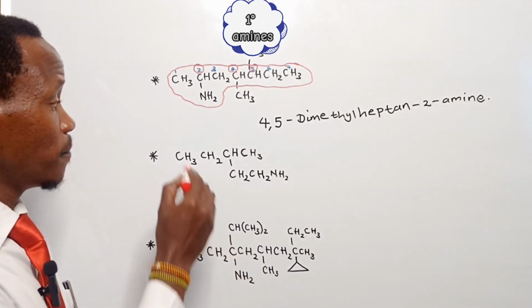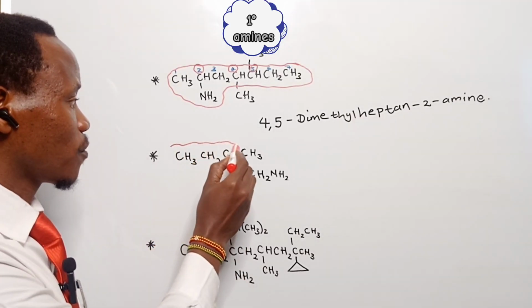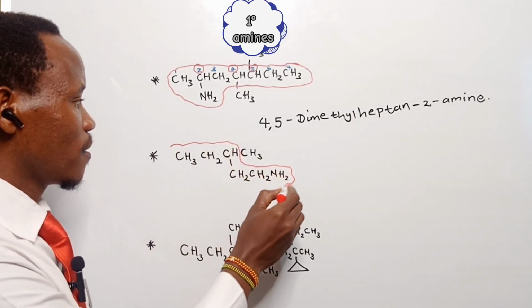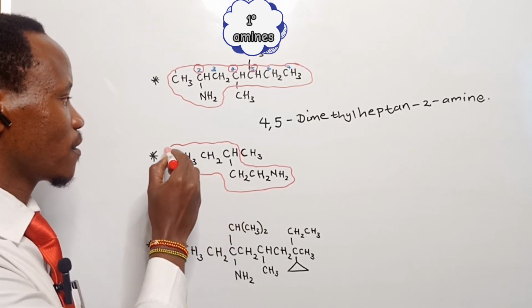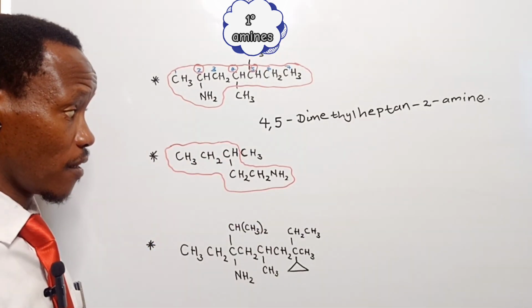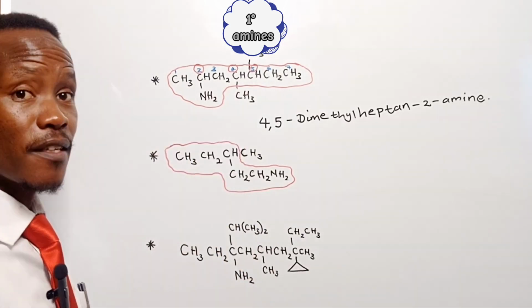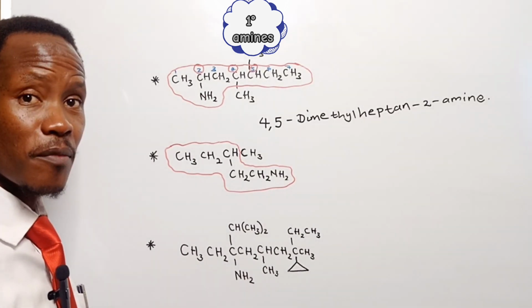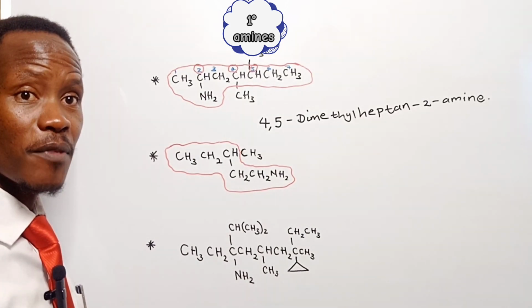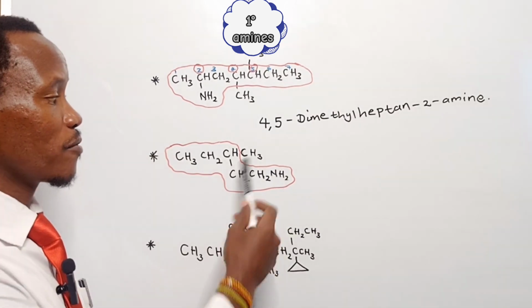But without wasting time, I want to believe that all of you will agree with me by showing you this as the parent chain. Now, after obtaining our parent chain, we assign numbers to the carbon atoms on the parent chain, starting from the side closest to the amino group.